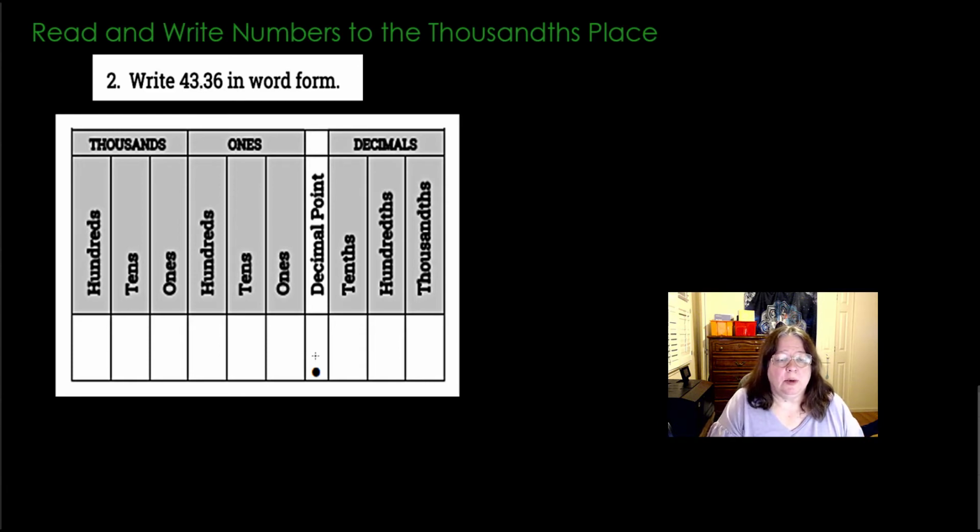Here's the decimal point. 43 is to the left of the decimal point, so I'm going to put a 43 directly to the left on this side. Then I've got a 3 and then a 6. If this was just 43, I would just say 43. So that's what I would write. I would write 43.